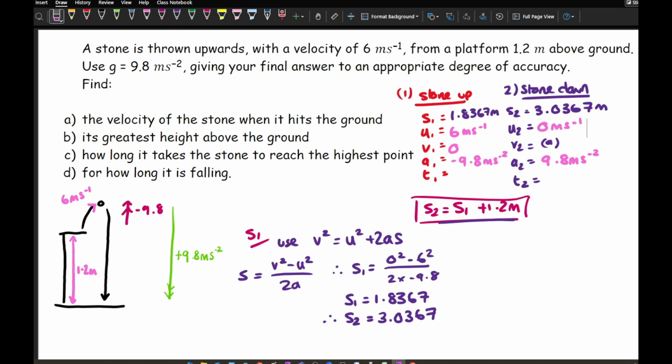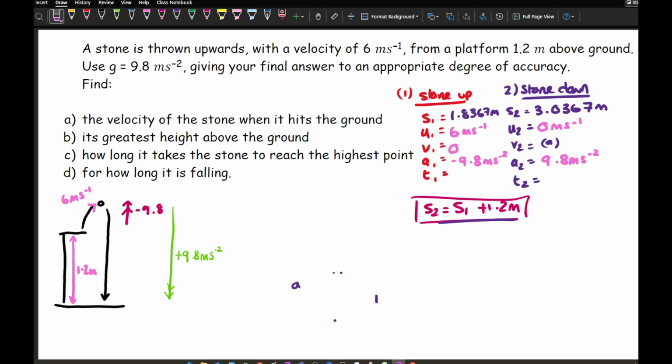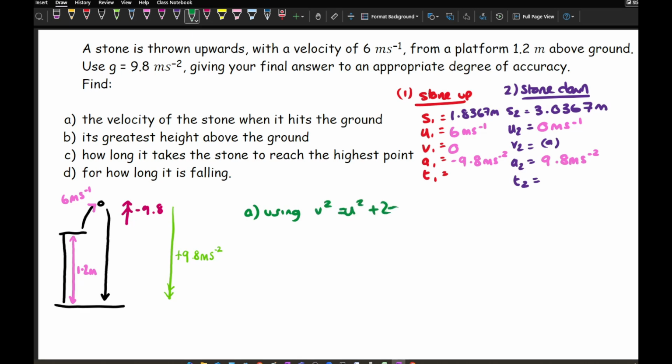Now from this, I've got my third variable, and I can work out what V2 is. So for part A, using V squared equals U squared plus 2AS, and using the information from the stone going down, I get V squared equals 0 squared plus 2 times 9.8 times 3.0367, in which I get a V squared value of 59.52.